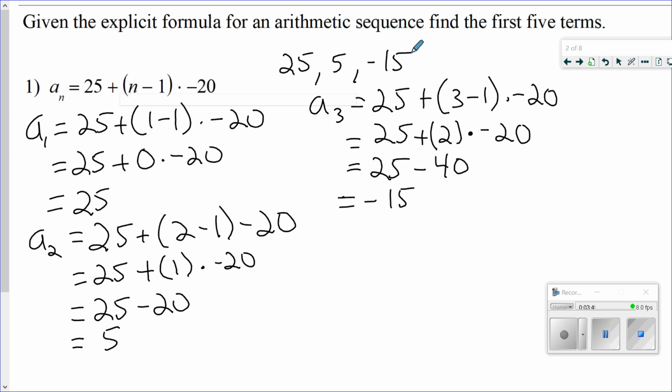As you can see, there's a pattern. 25 minus 20 is going to get me 5, and then 5 minus 20 is going to give me negative 15. So to get the rest of it, instead of continuing to plug it in, we'll just do negative 15 minus 20, and that's going to give me negative 35.